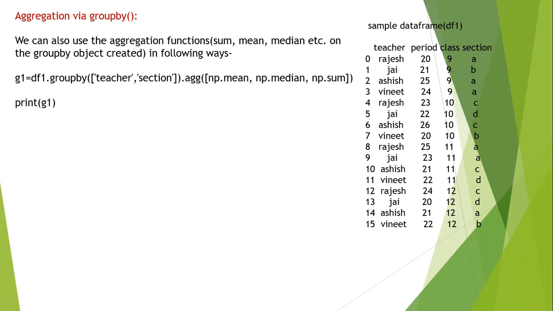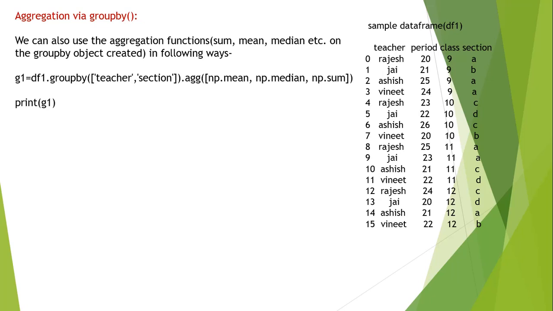Okay, now again we have this sample data frame, and G1 equals df1.groupby(['teacher','section']).agg([np.mean, np.median, np.sum]) and print G1. Now what we have to do here is group them according to teacher as well as section, and this grouping has to be aggregated with these functions np.mean, np.median, and np.sum.